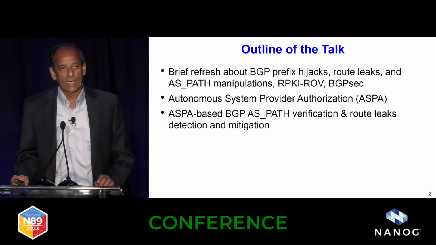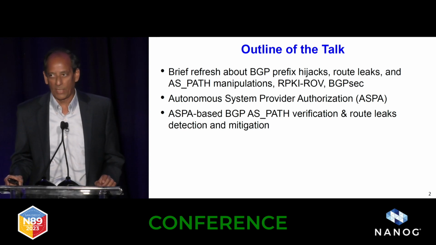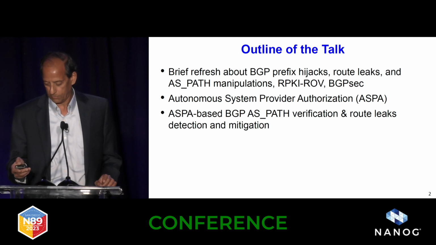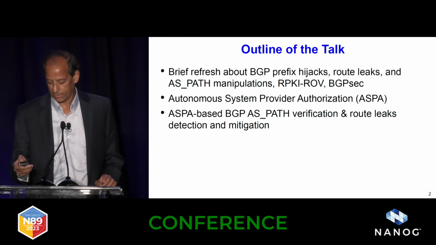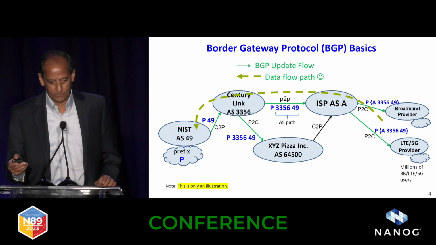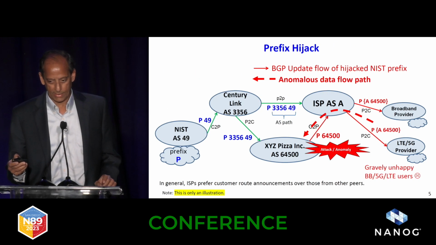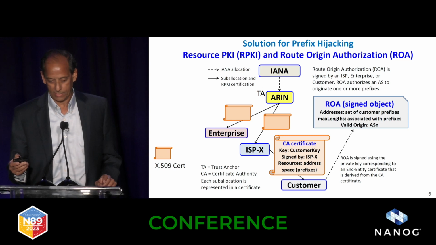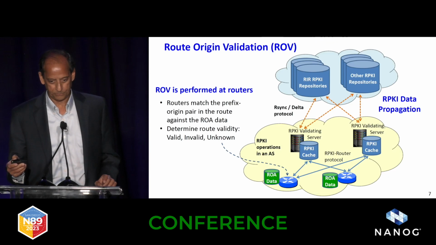Essentially, I will explain what ASPA is and how it can be utilized for path verification and route leak solution. So I'm skipping a few slides that relate to BGP hijacks, RPKI, ROA, etc.